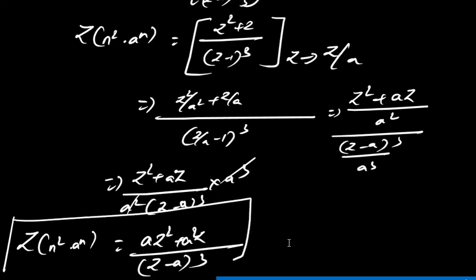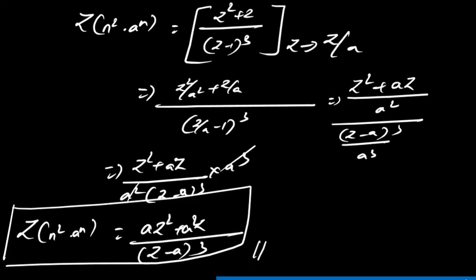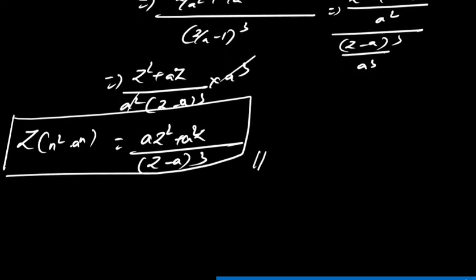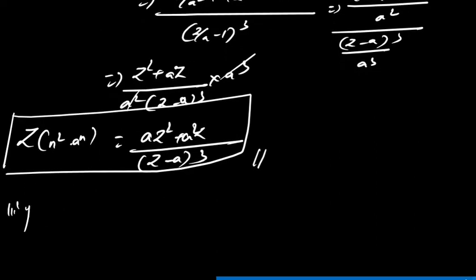So this is how you have to remember the formula, and all these formulas are highly important when we are solving problems. Similarly, you can try it out for Z transform of n cube A power n. Similarly, you can try it for negative power also. So I'll just write it for n cube A power n.